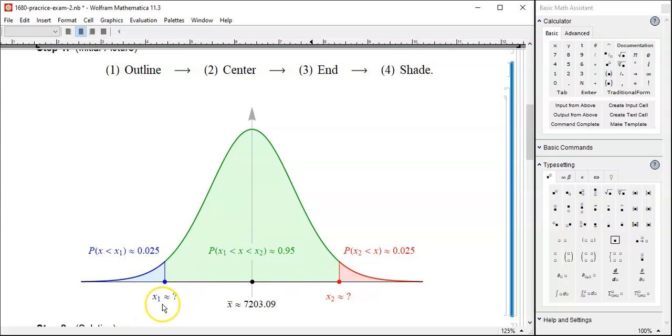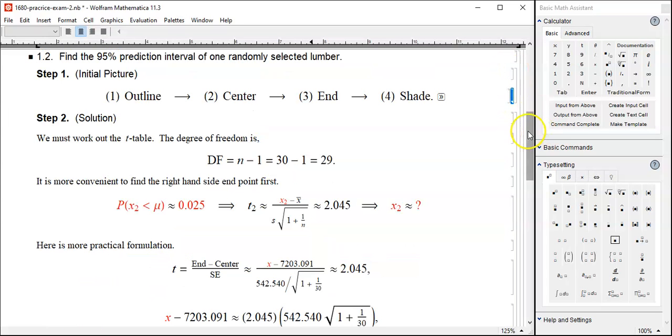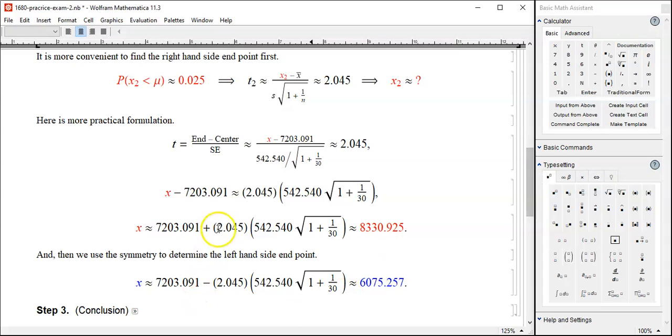And let's look for the left-hand side endpoint. We use the symmetry. From the center, plus t times SE versus minus t times SE. We are going backward. And there we go. Change this plus to minus from the symmetry. And run your calculator. You got 6,075.257.